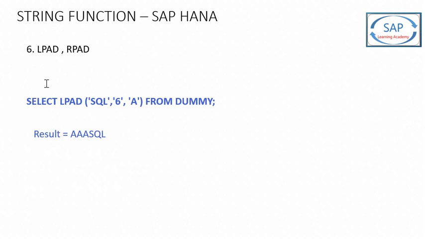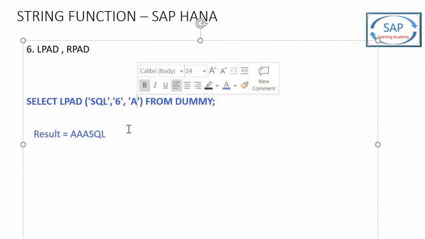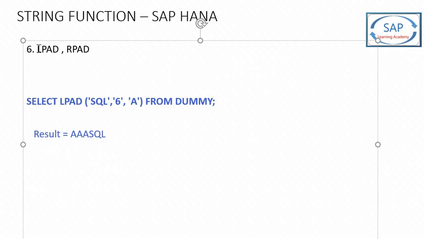Now I'm moving on to LPAD and RPAD, and here also it takes three sets. One is your main text, main string, then the length, meaning how much total length you want for the padding, and what character or value you want to add. Suppose here I have used LPAD, meaning adding on the left side.